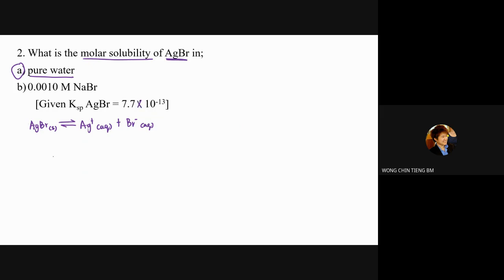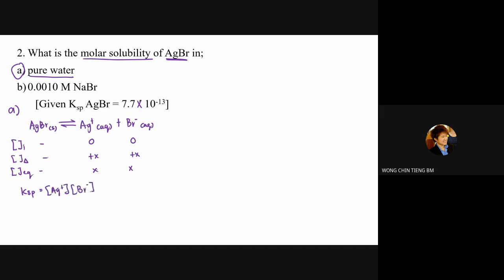Okay, standard. Bila kita kata soalan A dia adalah dalam pure water, bermakna initial kita adalah kosong. Itu maksud pure water. Okay, kita tak ada common ion tersebut. So, you have your plus X and then you have your equilibrium over here adalah X. So, masukkan KSP formula, kamu dapatlah solubility kamu. Tak ada isu. KSP equals to your Ag plus, your Br minus.